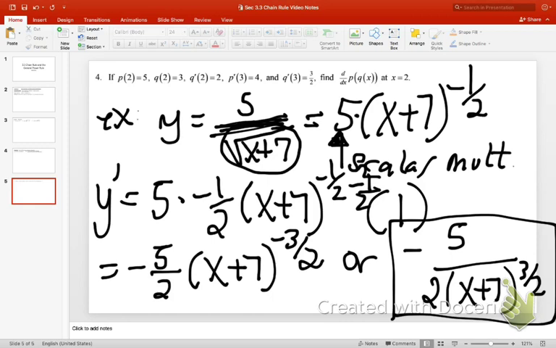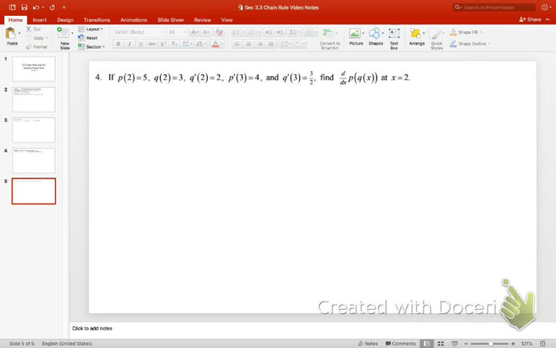All right, so let's go ahead and look at this last example in our notes. So if P of 2 is 5, and Q of 2 is 3, and Q prime of 2 is 2, and P prime of 3 is 4, and Q prime of 3 is 3/2, find the derivative of P of Q of x evaluated at x equals 2.